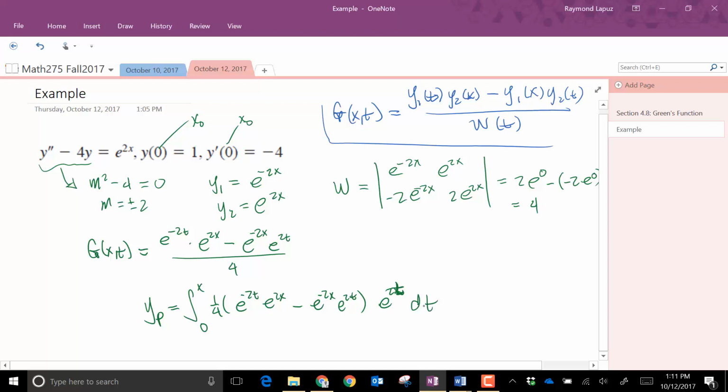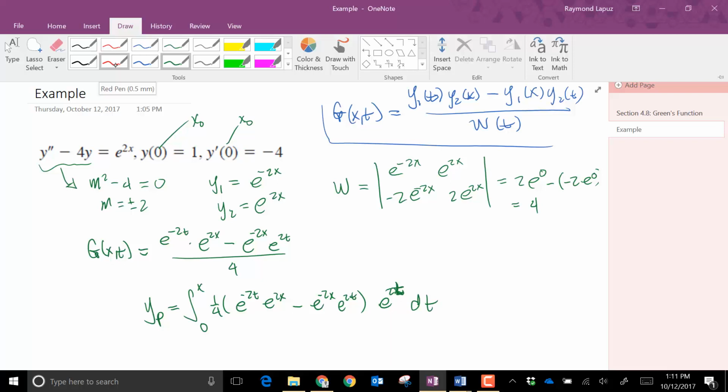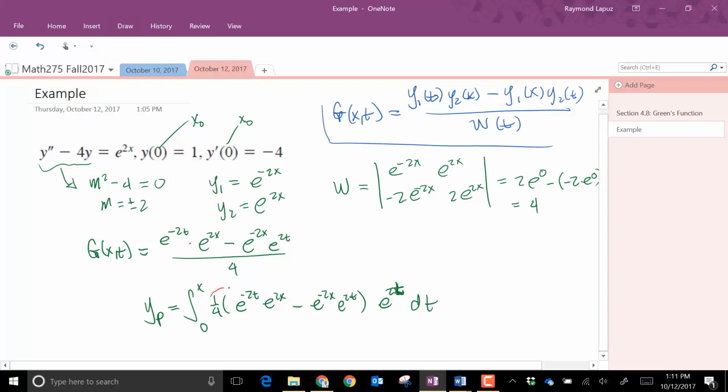dt. So let's see if we can make sure that we understand what's going on here. In the integral, this is Green's function, and this is f as a function of t, and then we have the dt and the integral and the limits going from x naught to x.